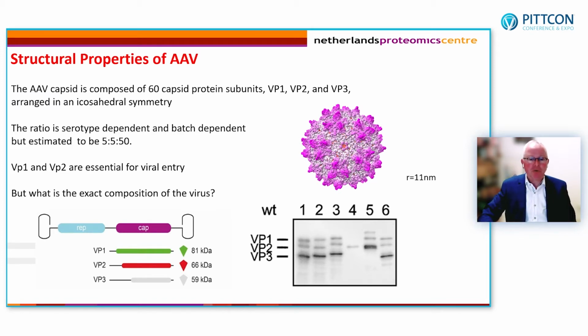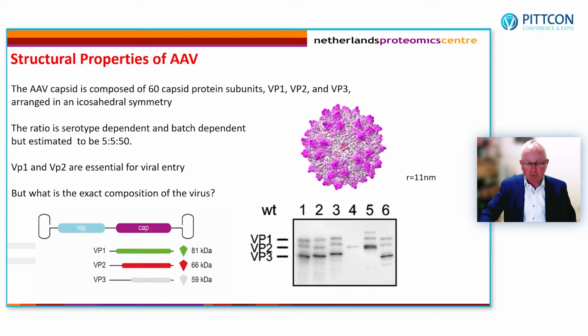Now, in the case of AAV, it's a peculiar story because there are 60 subunits, but they are not all the same. There are 3 different genes that make up the capsid proteins, called VP1, VP2, and VP3. They have different lengths, which you see here at the bottom with a mass of 81, 66, and 59 kilodalton, and they assemble into the virus in total up to 60 subunits.